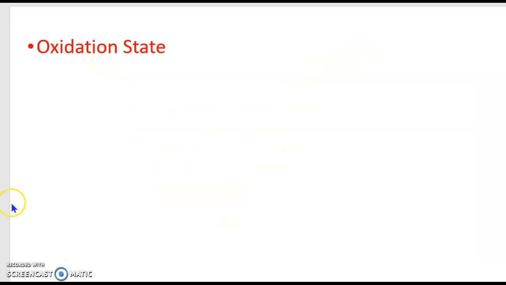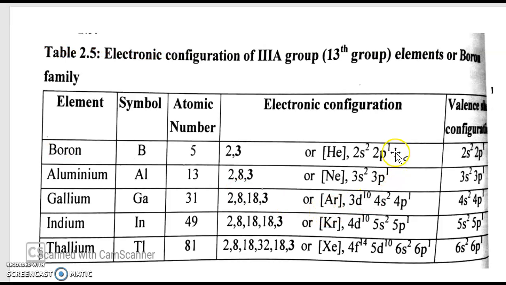Now the next or last property is oxidation state. Although the removal of all three electrons from the gaseous atom is very difficult, the valence shell of these elements has three electrons, that is, in the p orbital one electron is present and in the ns orbital two electrons are present.